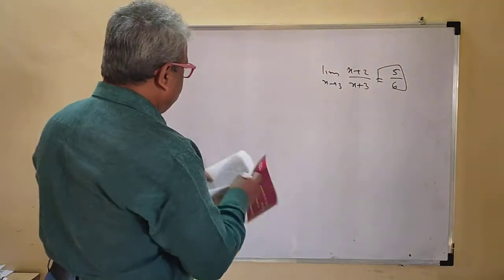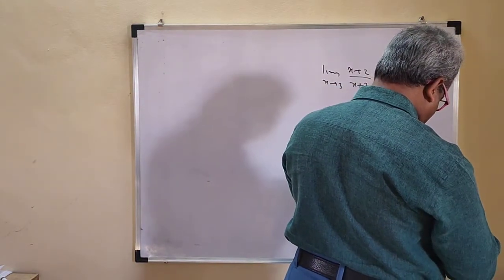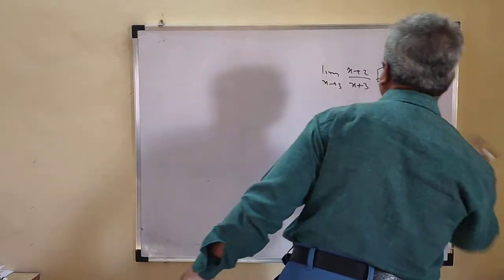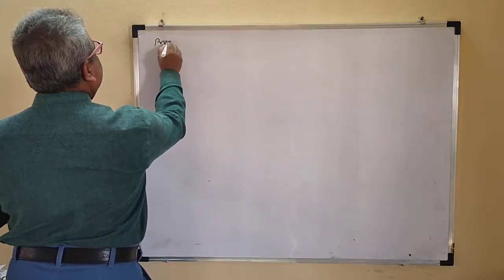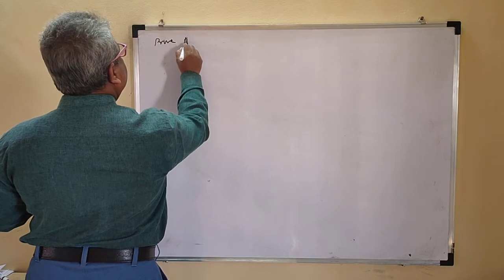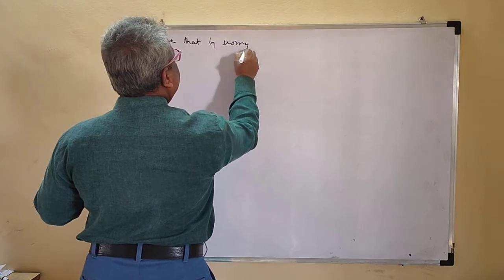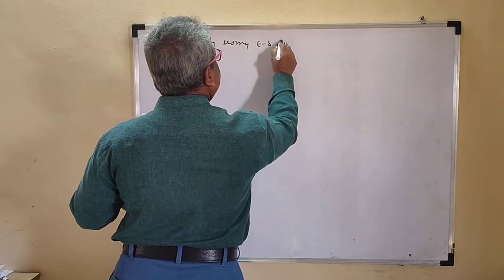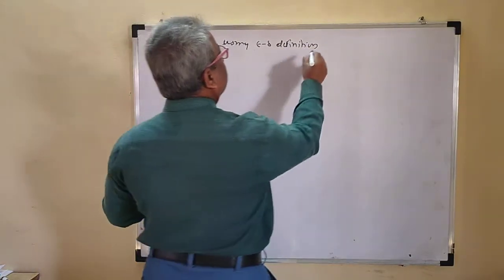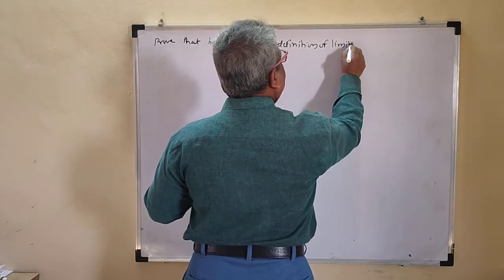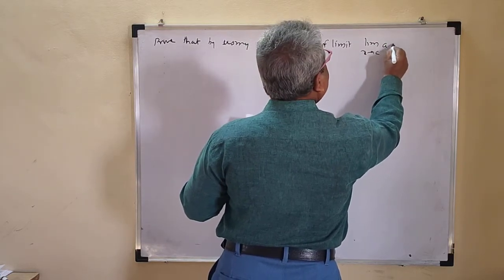We'll take a problem. Using the epsilon delta definition, prove that the limit as x tends to c of a is equal to a.